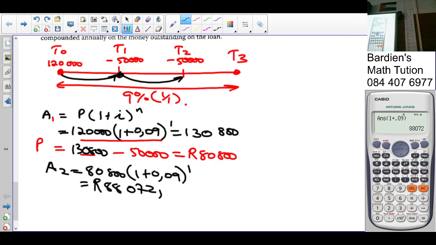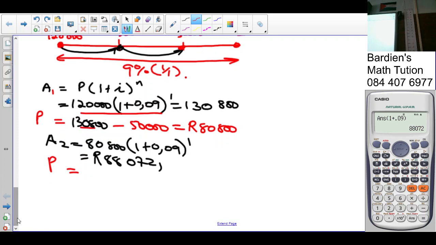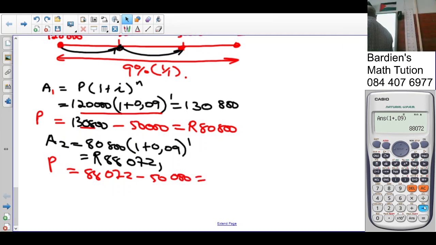So what happens now, people? He's going to repay you another 50,000 rand. You guys following? Yes. So it's going to be 88,072 rand minus 50,000, which gives me a P value at that point of 38,072 rand.